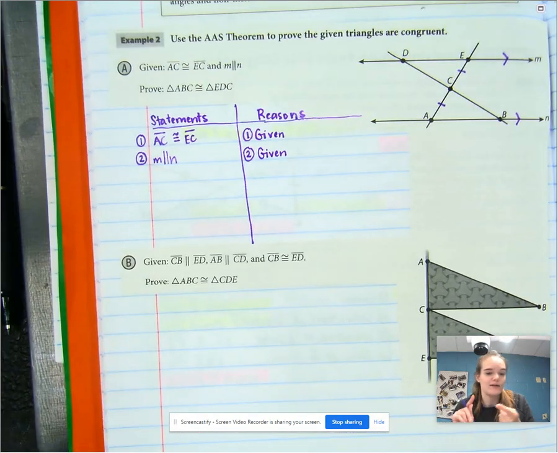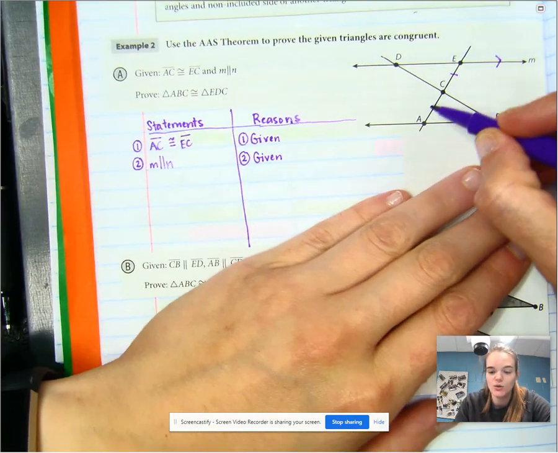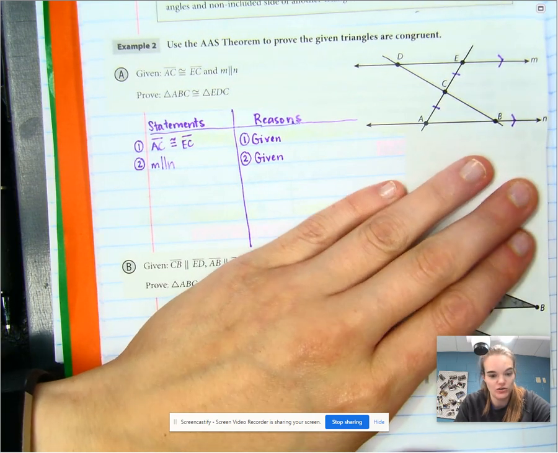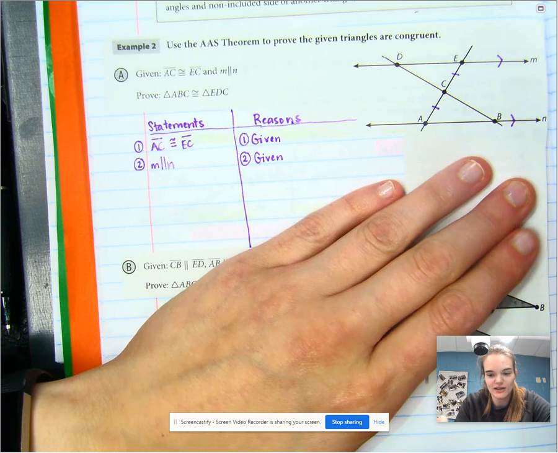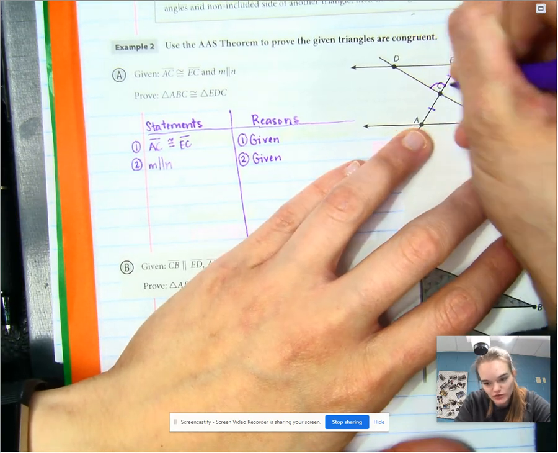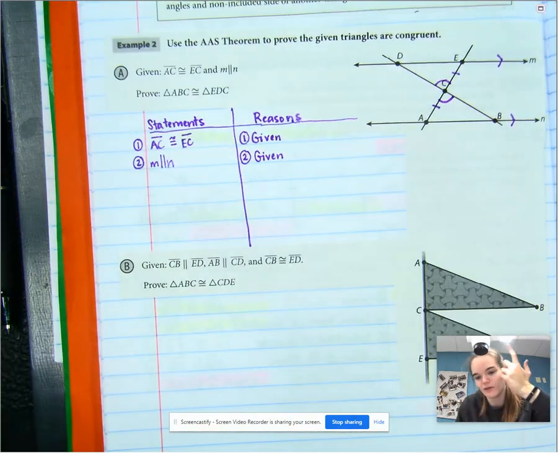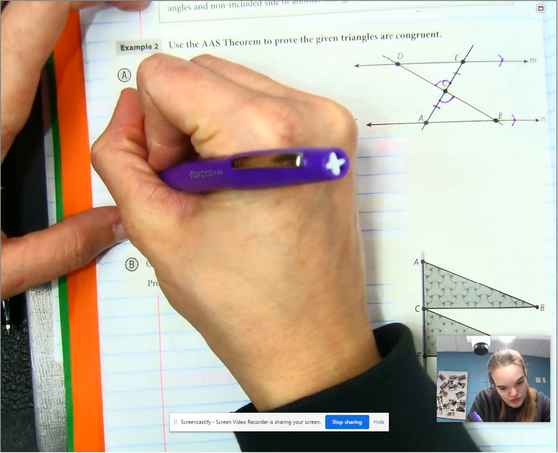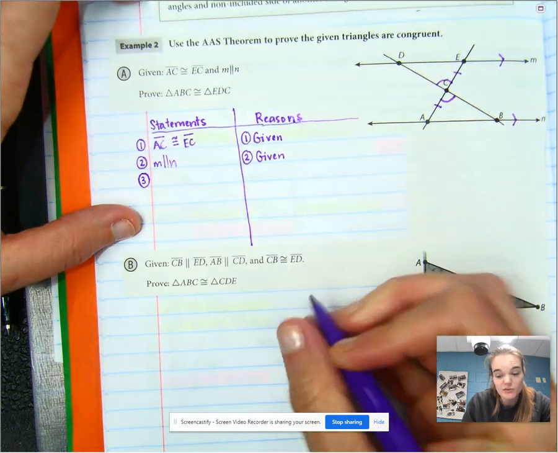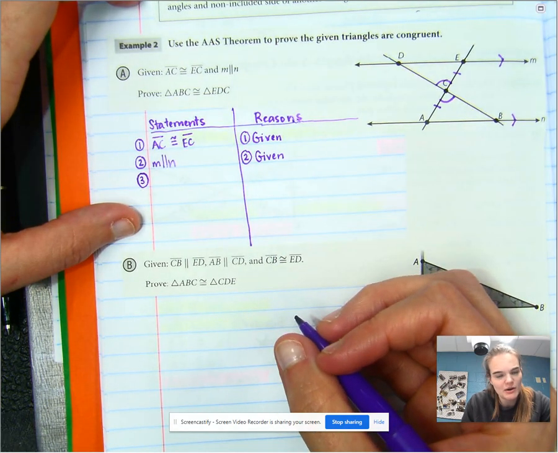All right, so we have one side. We have it here. We need some kind of angle, okay? So first of all, we're going to name the angle that I like to name the most, and that's the vertical ones, just because we almost always think, oh yeah, vertical angles. So we've got vertical angles. That doesn't mean we had to name the vertical angles. I'll talk about what else we could have done in just a minute.